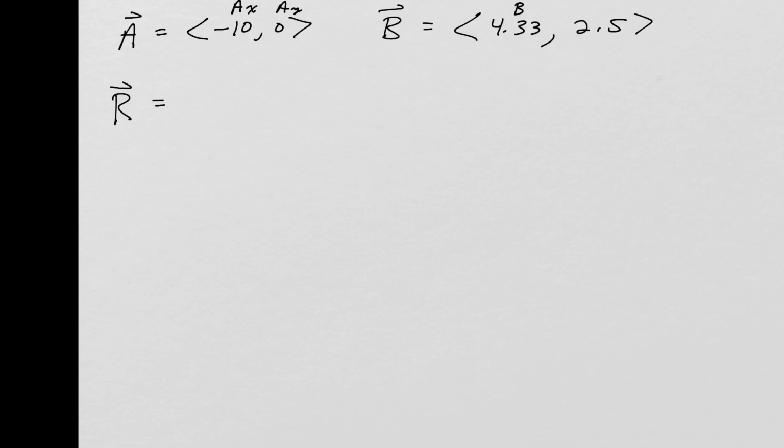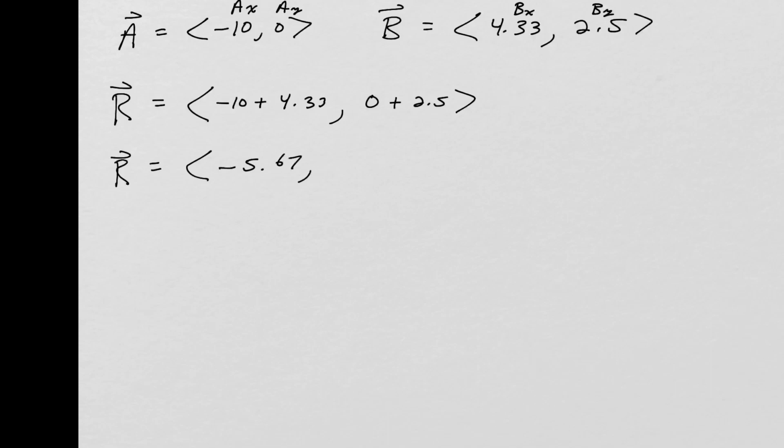This is the same as Bx and By. So for the resultant, I need the x component of A, the -10, plus the x component of B, 4.33. And for the y, I need the y component of A, which is 0, plus the y component of B, which is 2.5. And of course, I'm going to get the same thing, right? I'm going to get -5.67 and then 2.5.